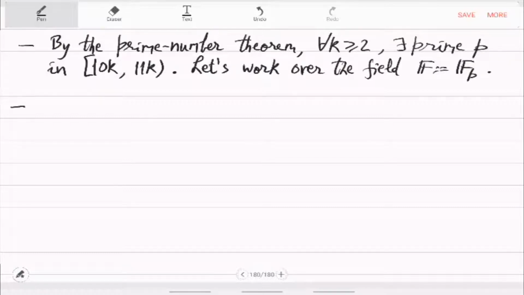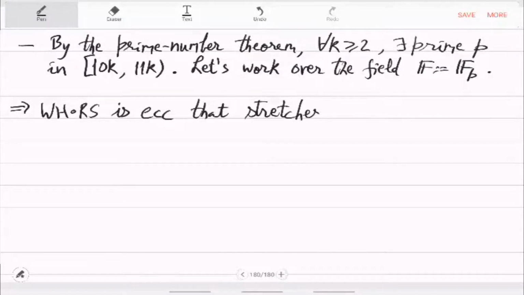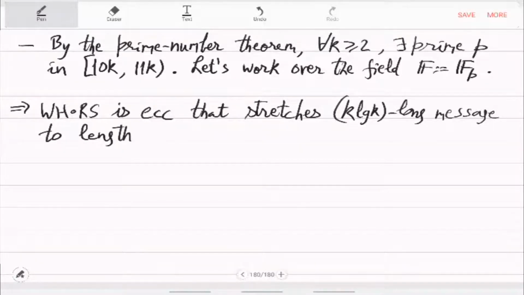So the concatenated code, Walsh-Hadamard on Reed-Solomon, is an error correcting code that stretches around k log k long message to length m times q in the previous notation.